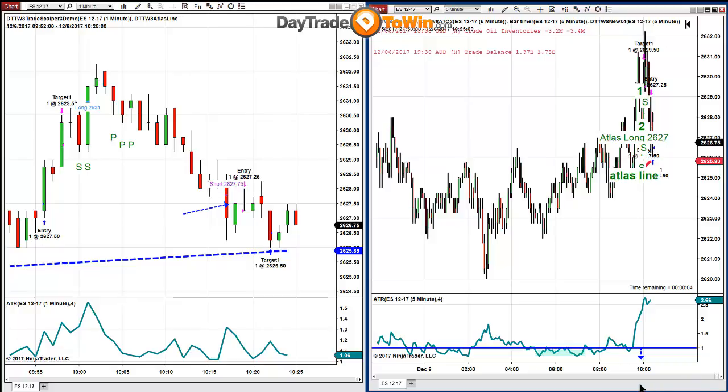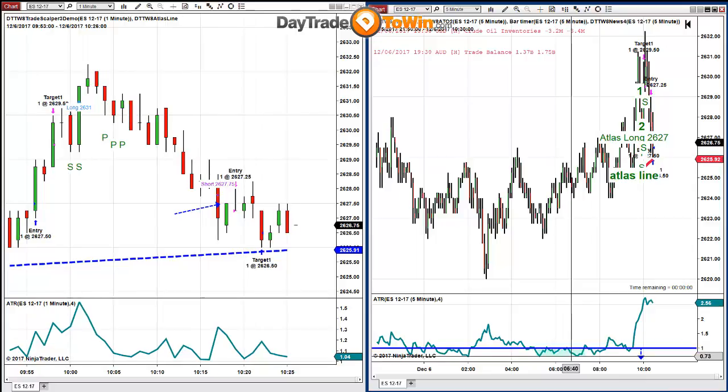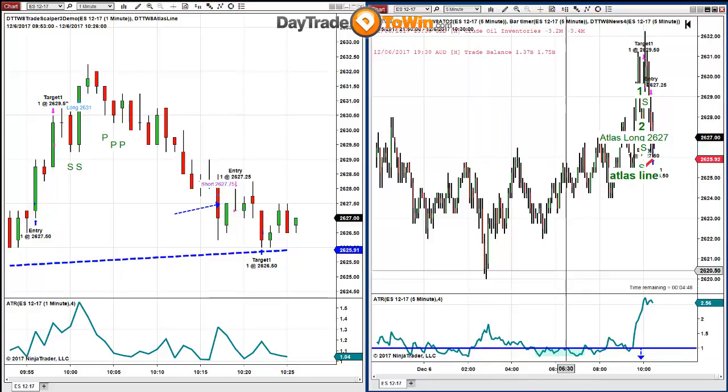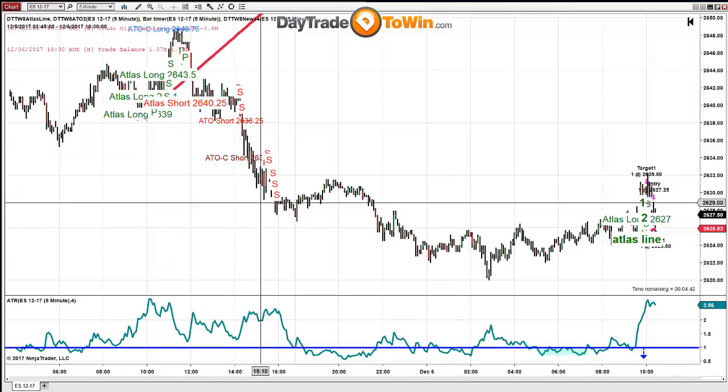There's a lot of chop, a lot of flip-flop, dojis, gaps. This is not an environment I want to trade. So pre-market or after hours is doable if you find a market that's at least 4 ticks above on the ATR 5-minute chart. But if it's not, I wouldn't try it. So when can you trade overnight or after hours or pre-market?